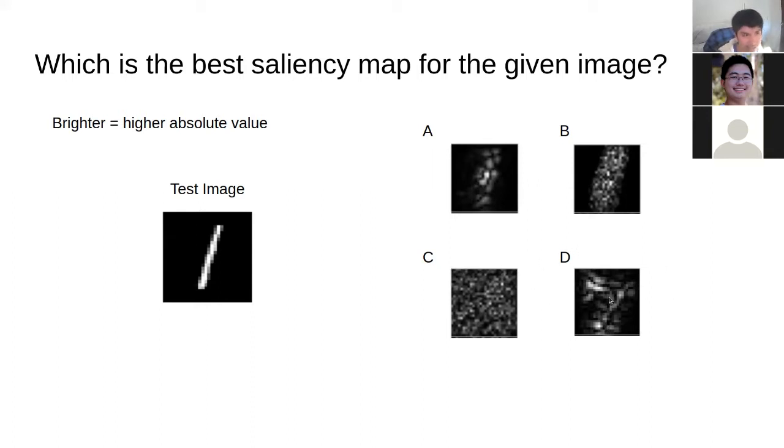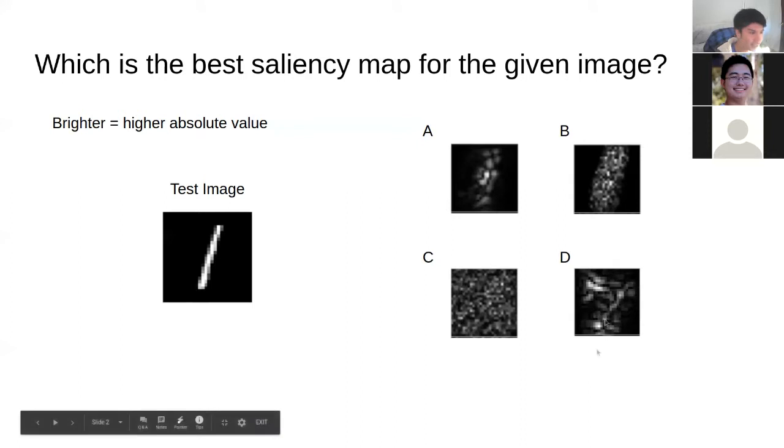Option D looks like it has more shape, but it doesn't really look like the same shape as the input image. In fact, it looks like the number 7. It doesn't even look like a 1.